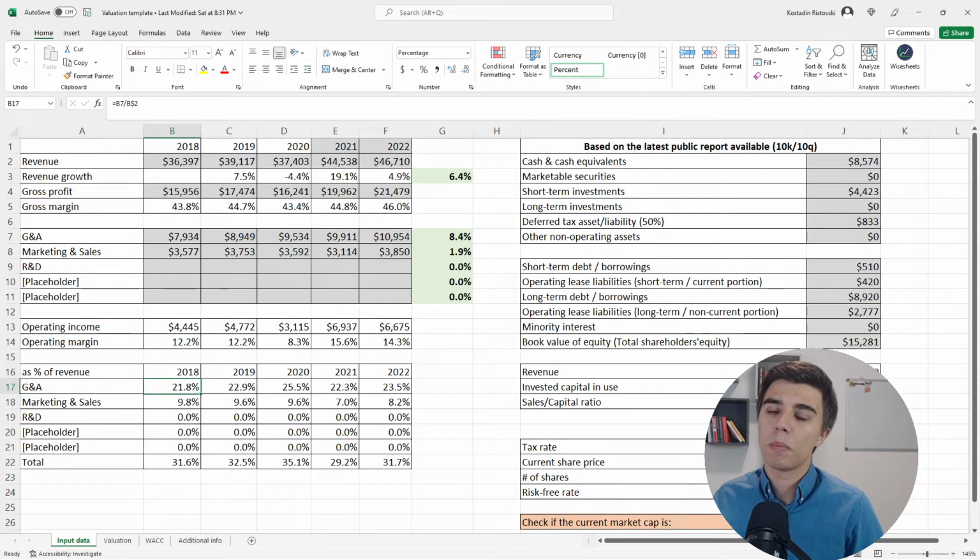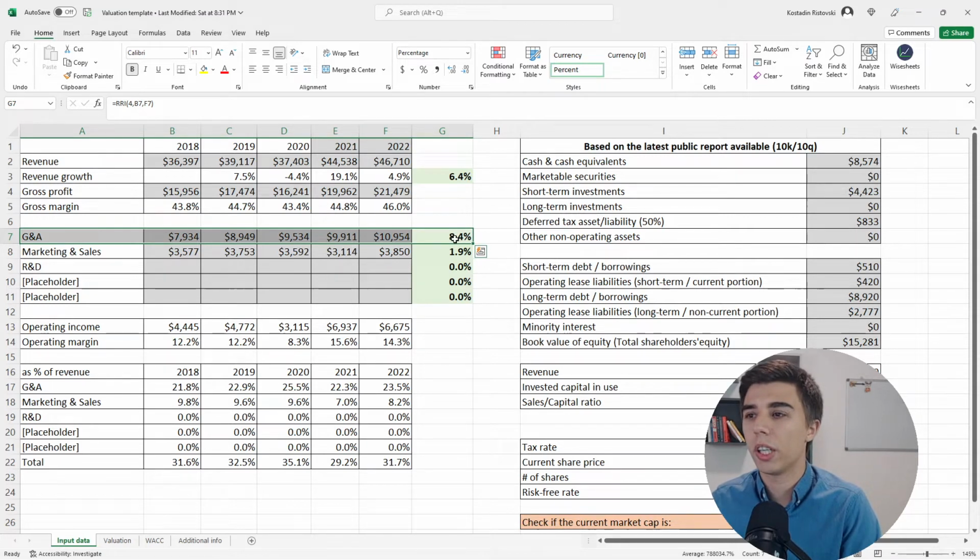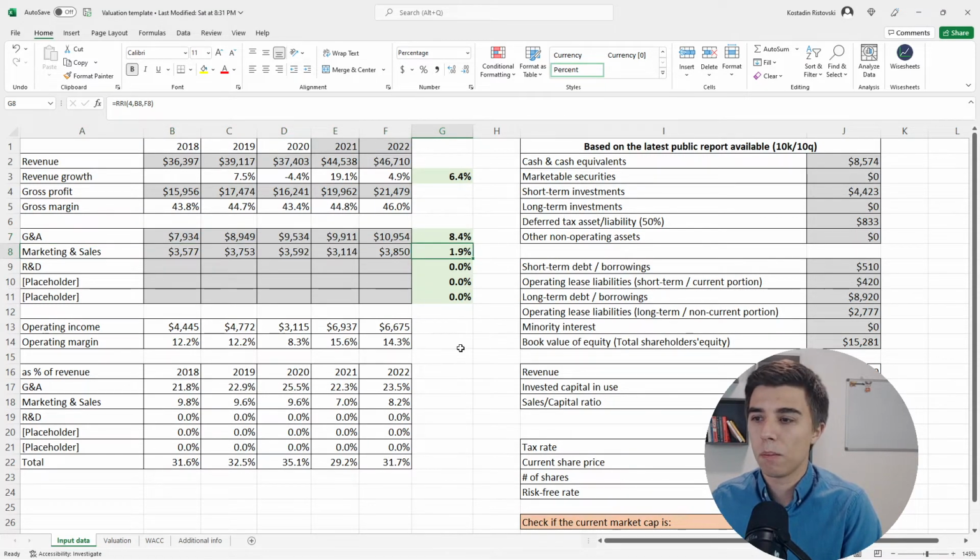When a company grows, at some point we expect these operating expenses to decrease as a percentage of sales. For Nike, we don't have sufficient data to establish a trend that they are decreasing over time. The marketing and sales is, but the second part isn't. So if we take the two together, it's flat as a percentage of revenue.